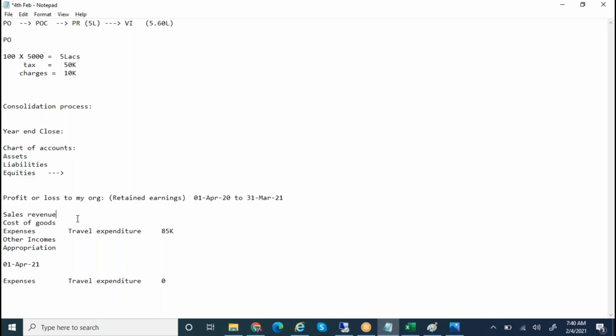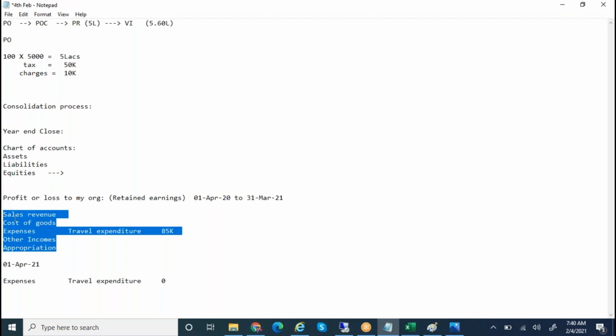Whereas revenue, suppose through sales I got revenue last year of 23 crores 50 lakhs. This revenue will not be carried forward to the next year, because revenue, cost values, expenses, incomes, and appropriation are calculated combined together.